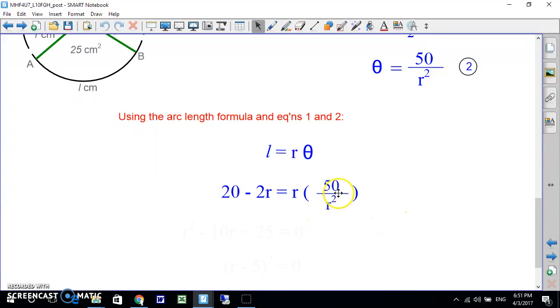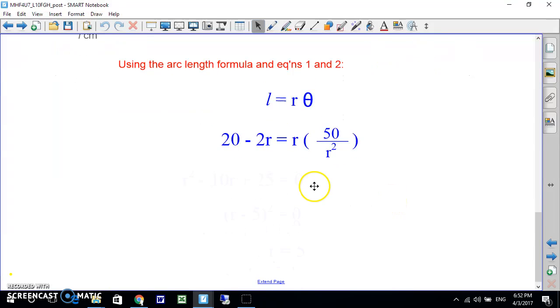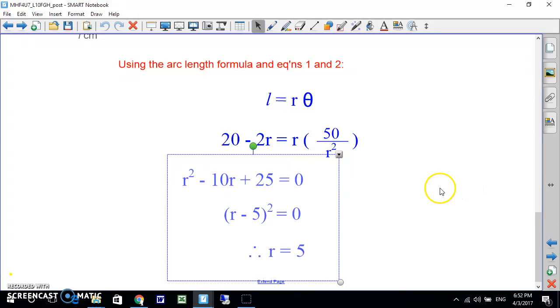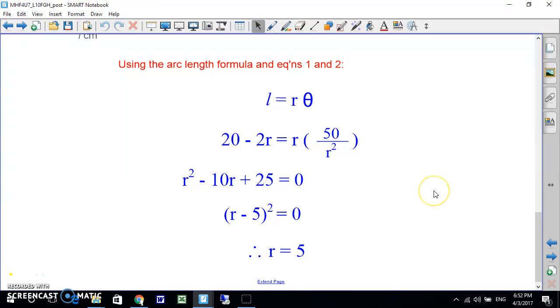Simplify r and r squared, you get 50 over r, multiply every single term by r to get rid of the rational expression or fraction. You will actually end up with a very nice quadratic equation. And this trinomial can actually be factored, and this will give you the radius equaling 5. And this is the radius that you're looking for.